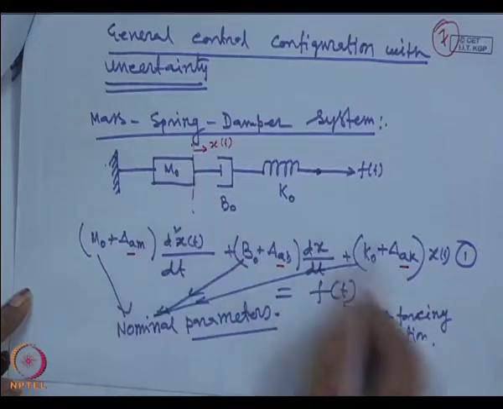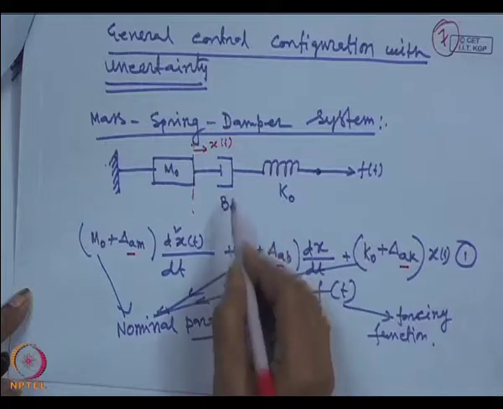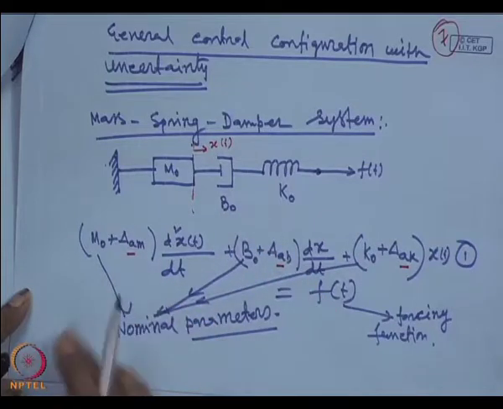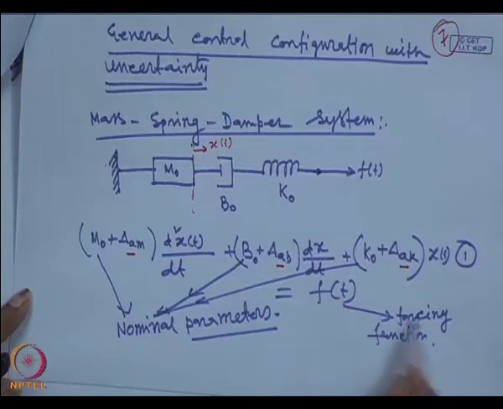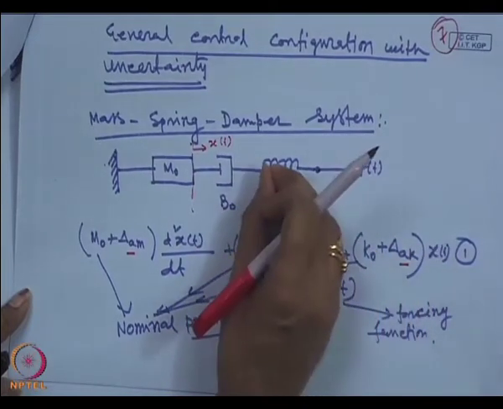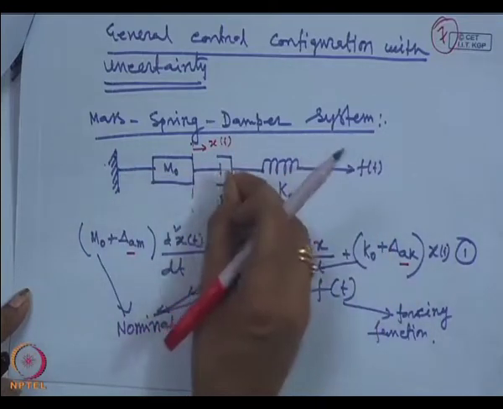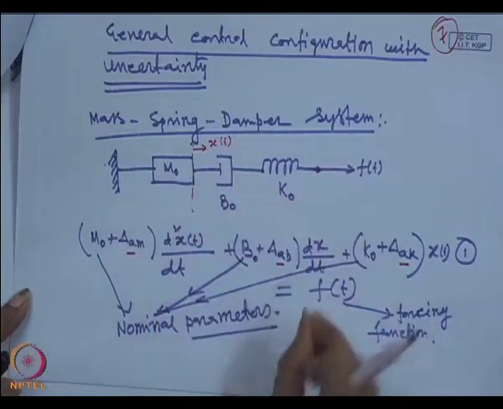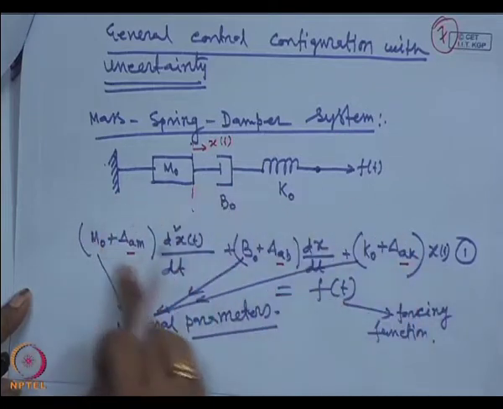We have considered additive perturbation, where k stands for spring, b for damping and m for mass. This is the dynamic equation, and f is the forcing function or input to the system. When you give an input, before it comes to steady state there will be dynamics involved, and the dynamic equation describes this.